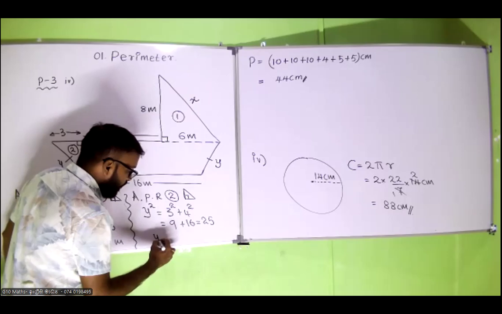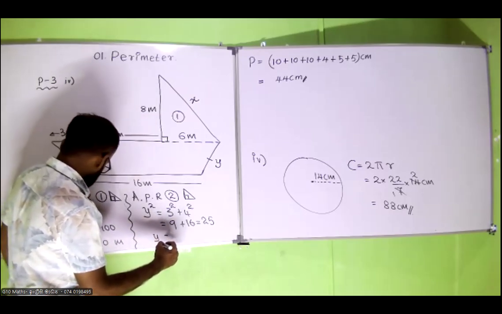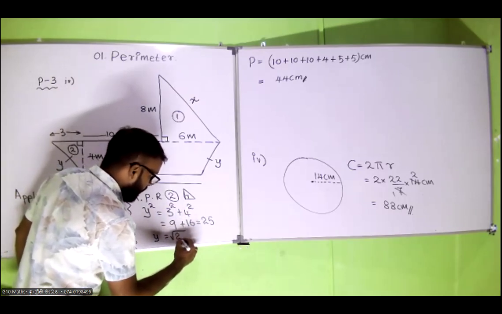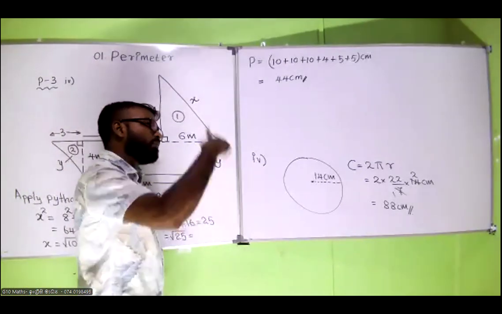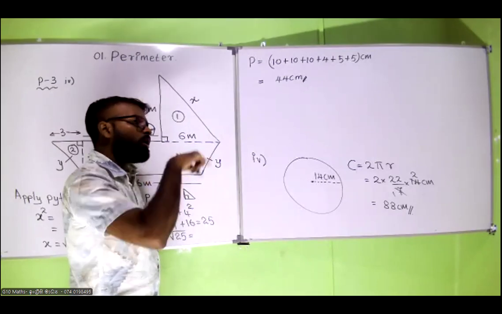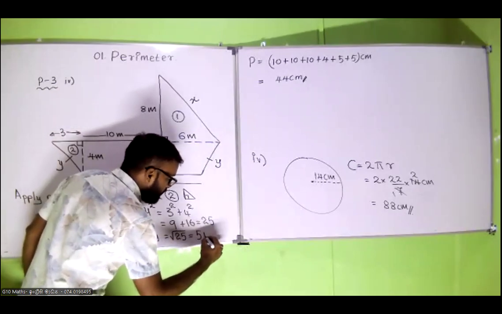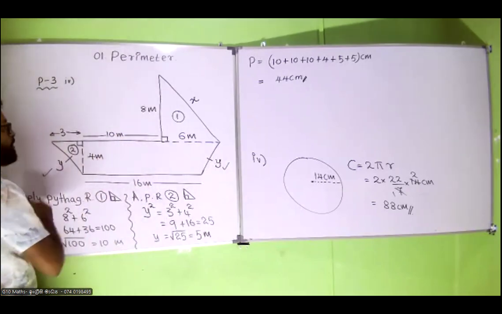So Y equals the square root of 25. 25 means 5 times 5, 5 to the power 2. Then the square root of 5 squared is 5. 5 meters. So this is done. 5 meters, super.